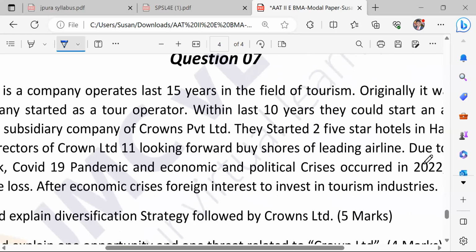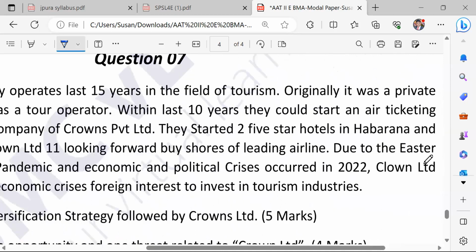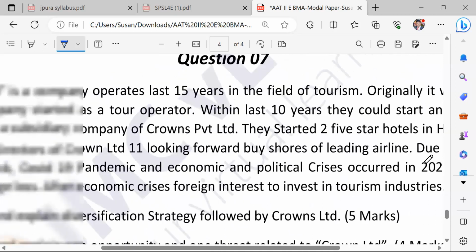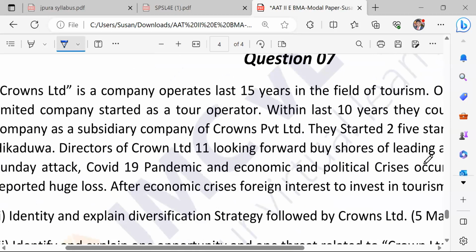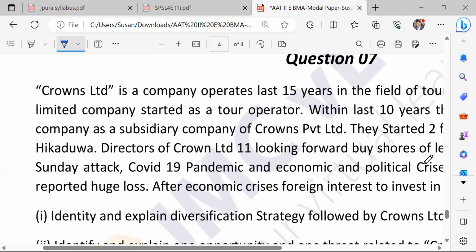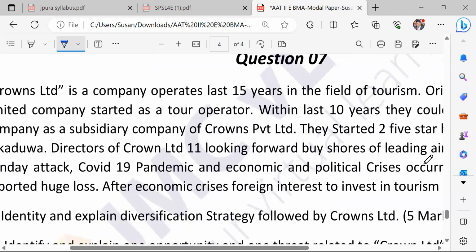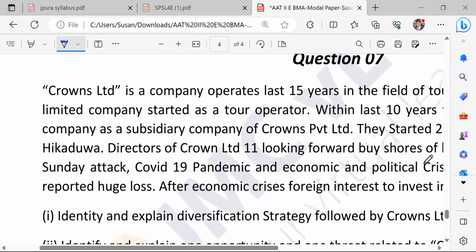Within the last 10 years, they could start a ticketing company as a subsidiary under Crowns Private Limited, an air ticketing company involved in tourism. They started 2 5-star hotels in Habarana and Hikkaduwa.